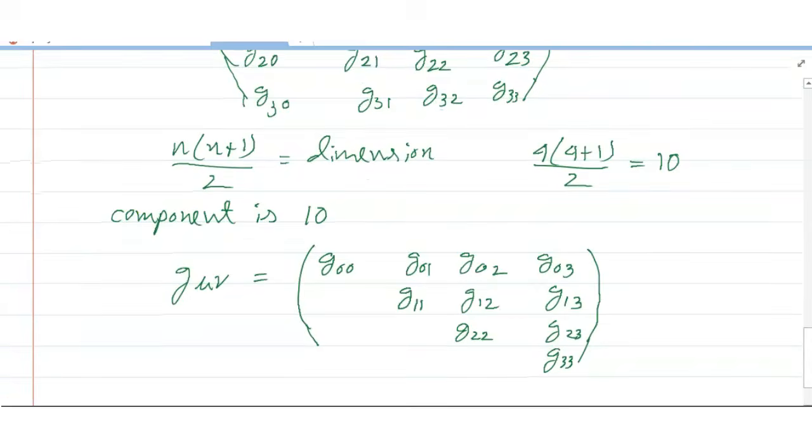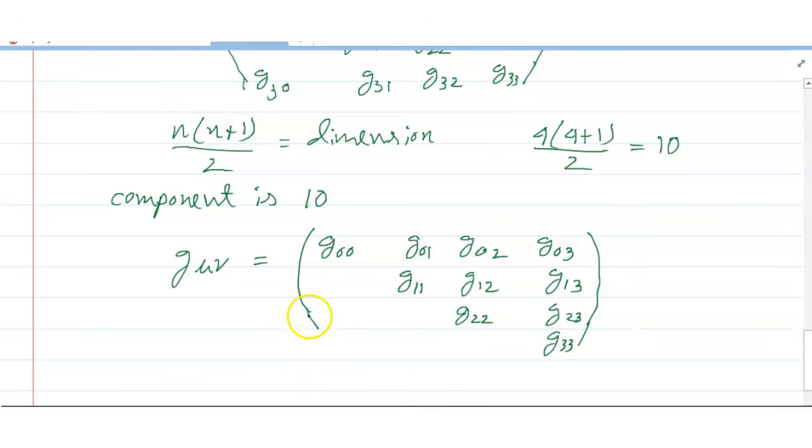The total components are reduced to only 10.